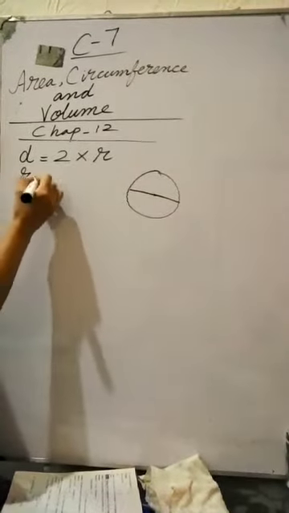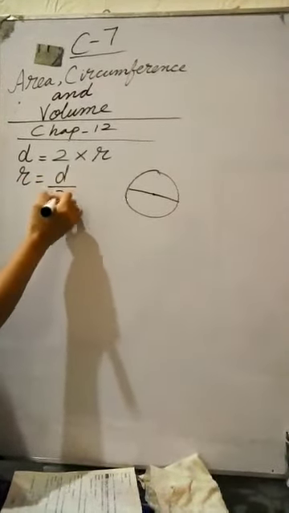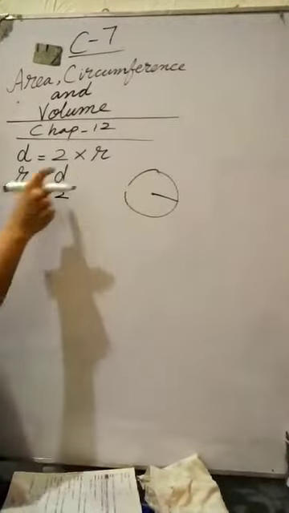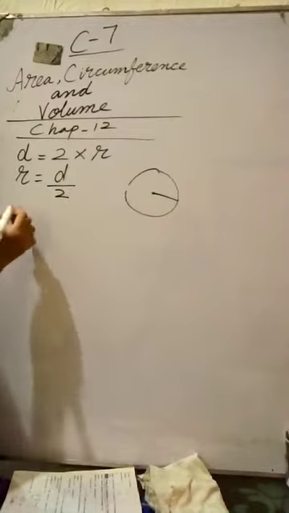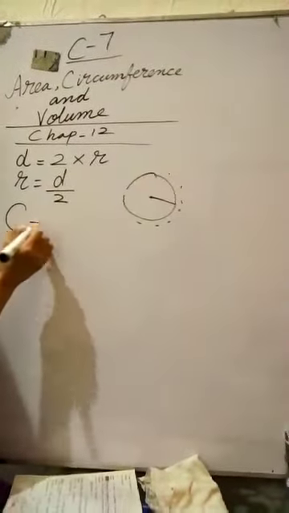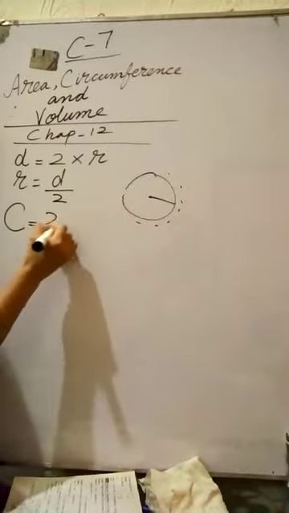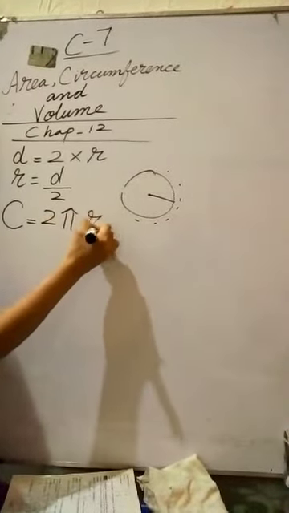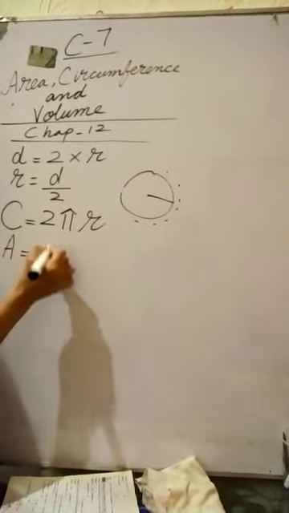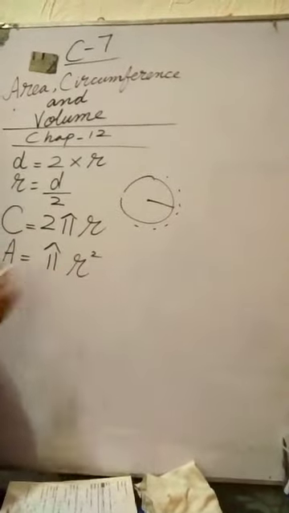Then the radius is diameter divided by 2, because half of the diameter is the radius. And what about the circumference, the outer boundary of the circle? The formula is circumference equals 2 pi r, where r means radius. And the area is pi r square.